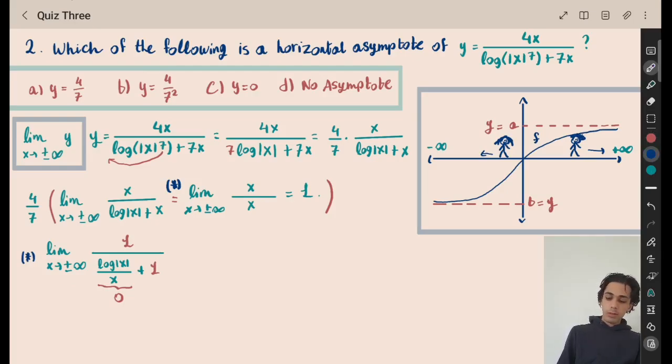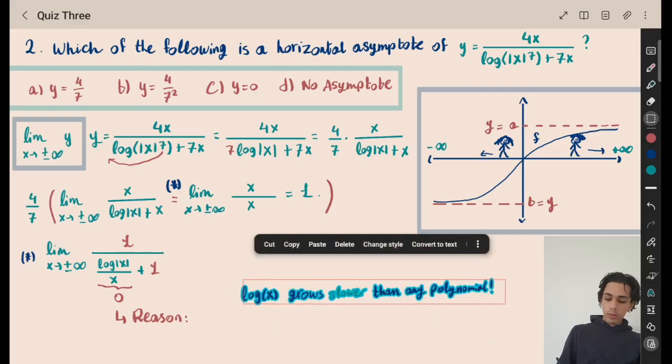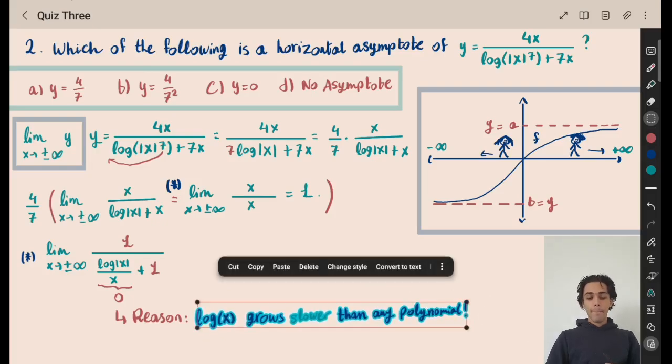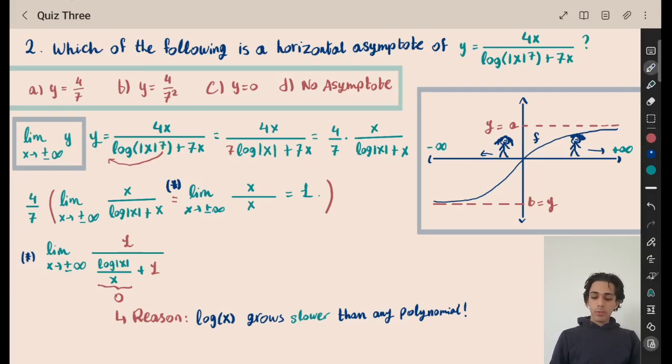And the reason behind this is that the logarithm function grows slower than any polynomial, and this is something we've discussed already, and we already know. So if log of x grows slower, then x will explode. X will become very big compared to log of x.